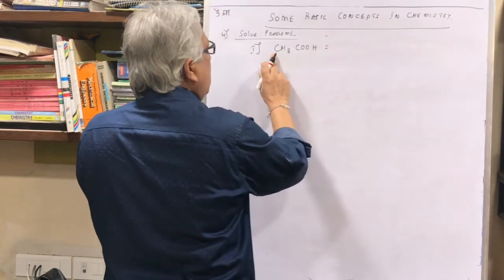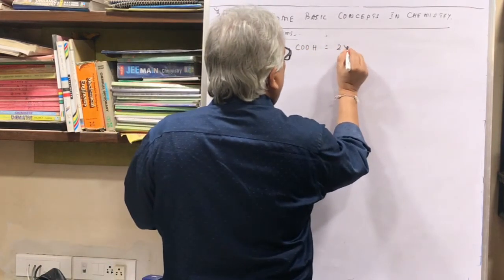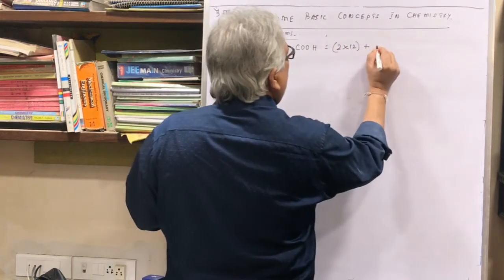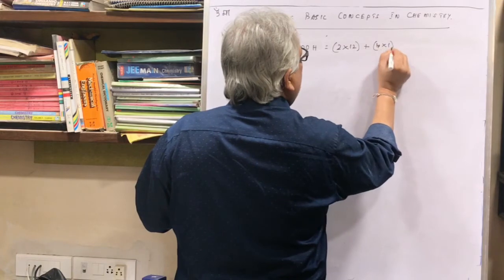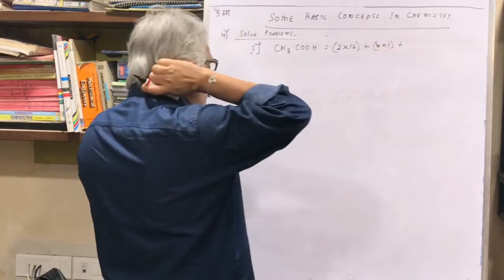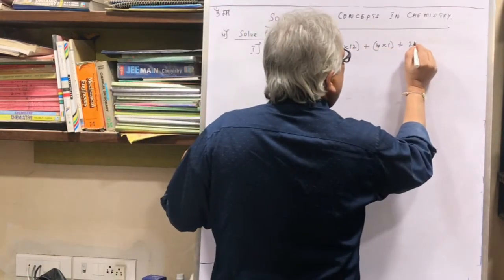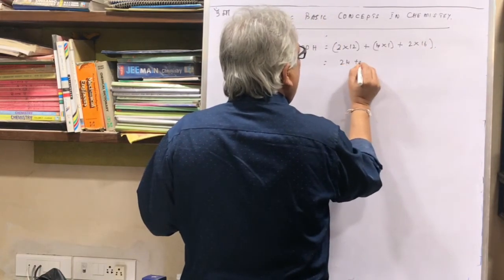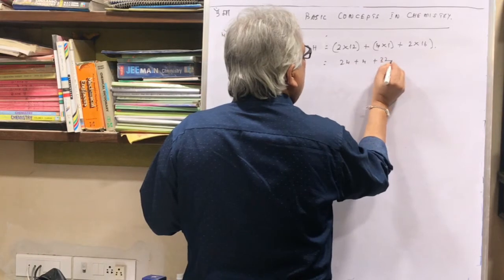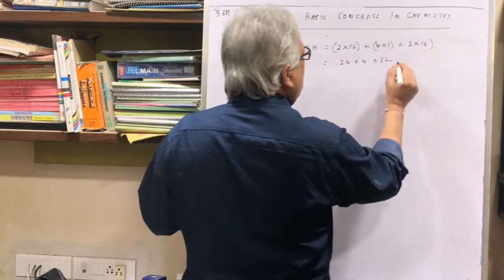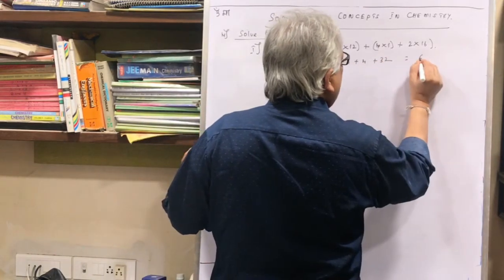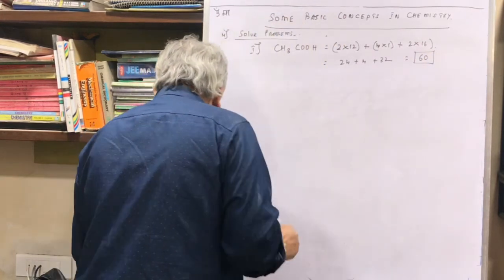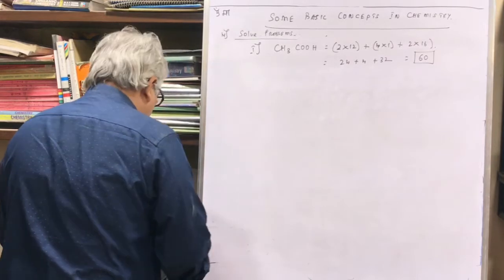So molar mass will be, there are 2 carbon, so 2 into 12 plus 4 hydrogen, 4 into 1 plus, there are 2 oxygen, so 2 into 16. So this will be 24 plus 4 plus 32. So 28 plus 32, and that will be 60. 60 is the molar mass of acetic acid. This I require to solve the problem.